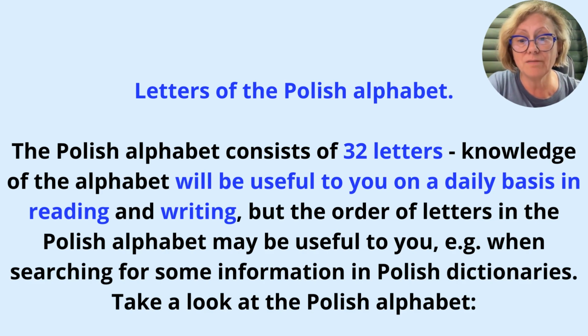Knowledge of the alphabet will be useful to you on a daily basis in reading and writing, but the order of the letters in the Polish alphabet may be useful to you, for example, when searching for some information in Polish dictionaries. Take a look at the Polish alphabet.